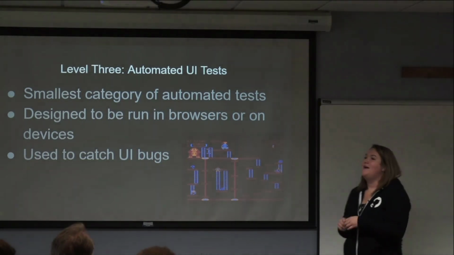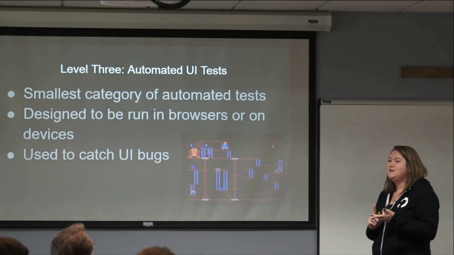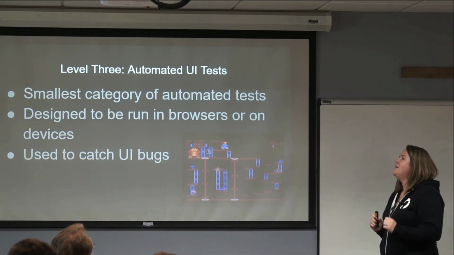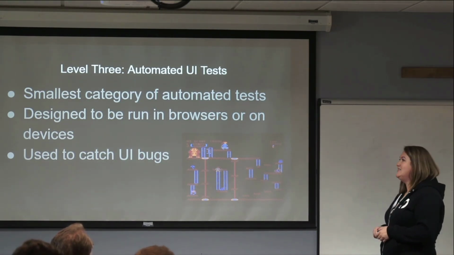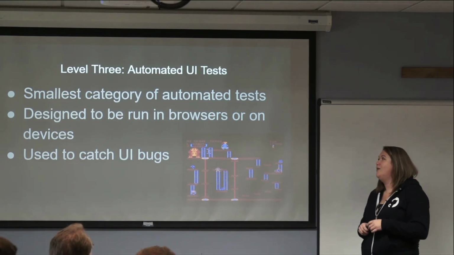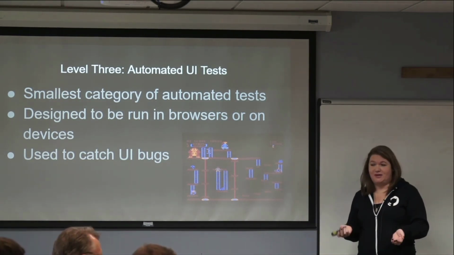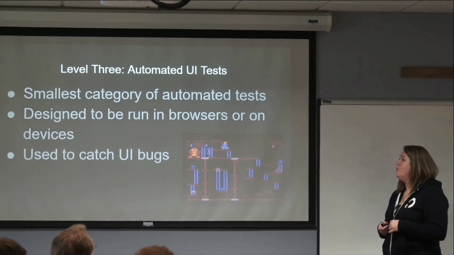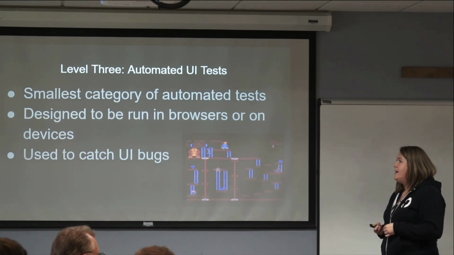Cool. All right, so we got through levels 1 and 2, picked up some power-ups, ground through some skills. Now we're on to level 3, which is automated UI tests. So this should be the smallest category of automated tests in your test suite. These are designed to be run in browsers or on devices, and they're used to catch UI bugs.